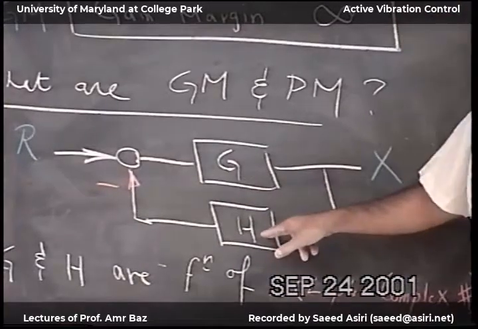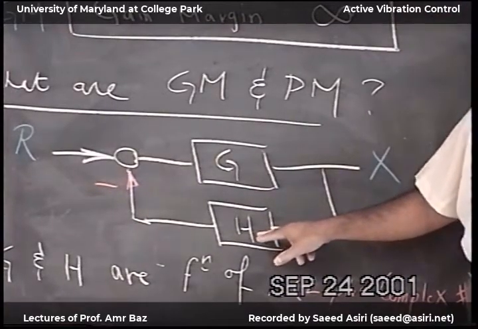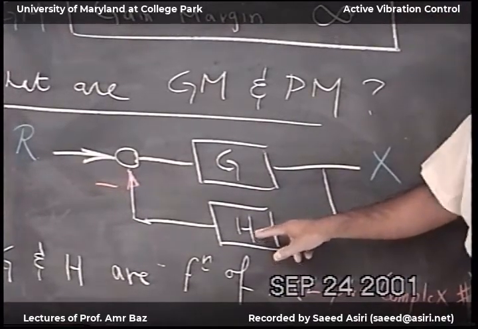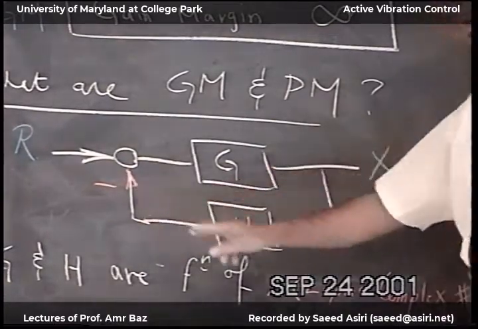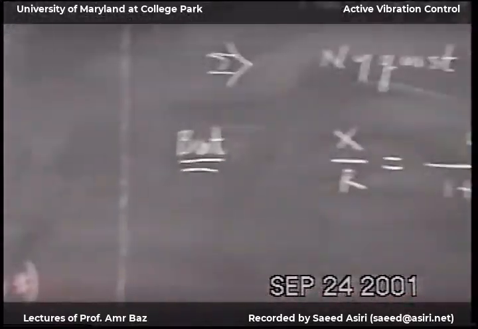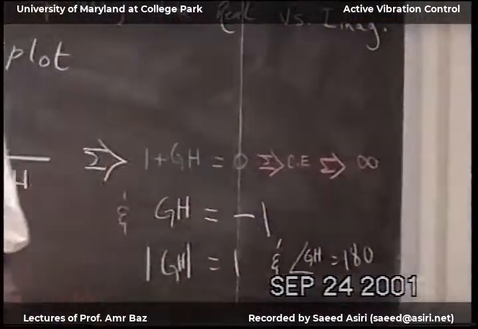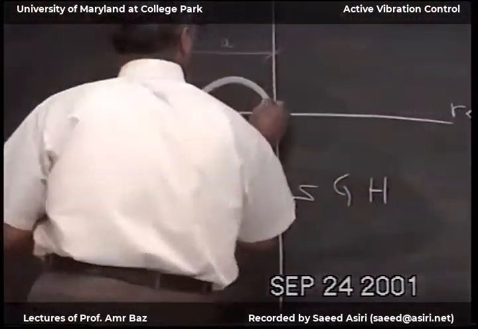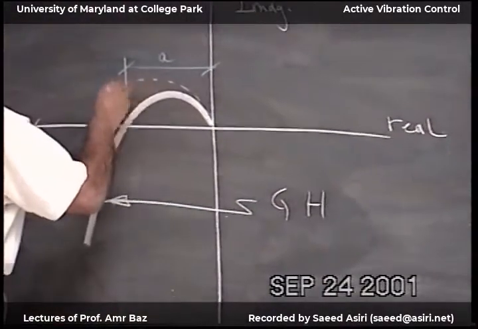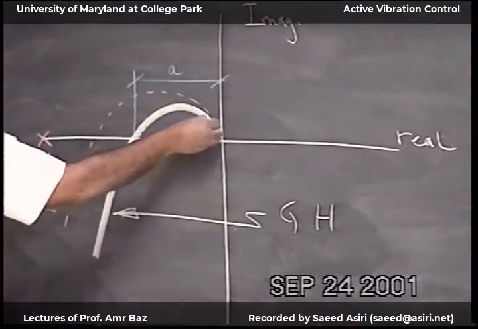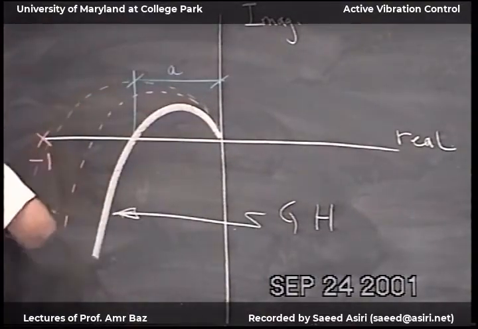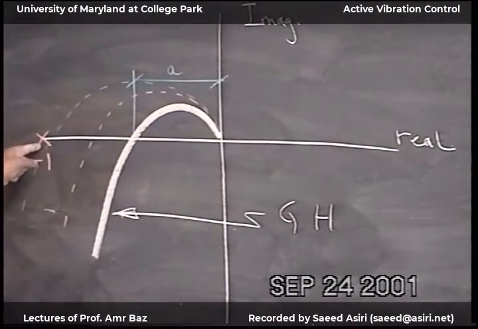So we've seen in LQR, this H has the control gain matrix. If I make this matrix big, then what I feed back is big. And when H is big, the result will be like this. And then when I increase it more, the result will be like this. And when I increase it more, it will intersect at this point and the system will blow up.